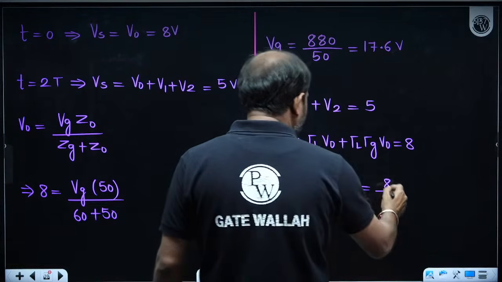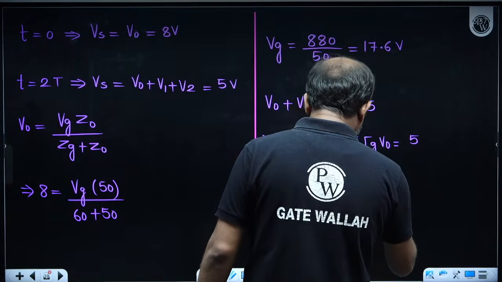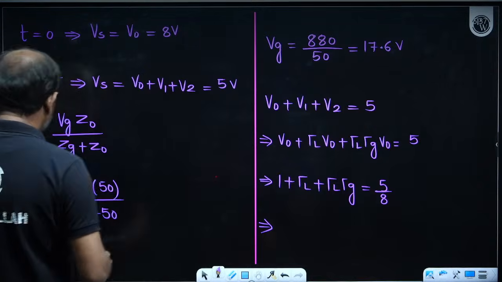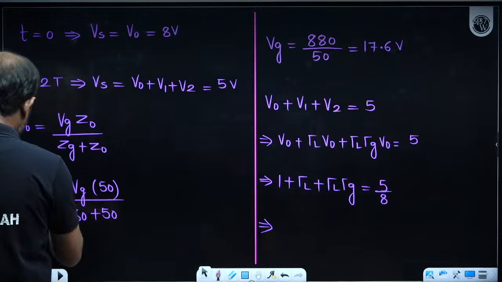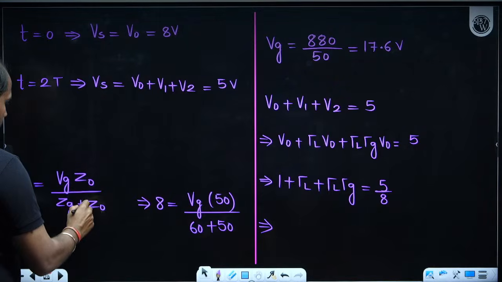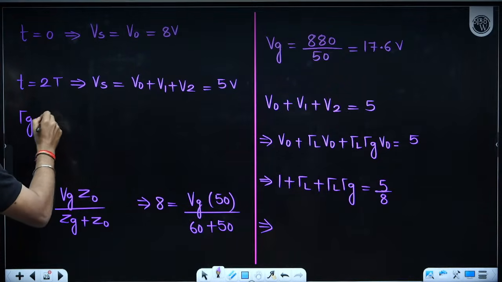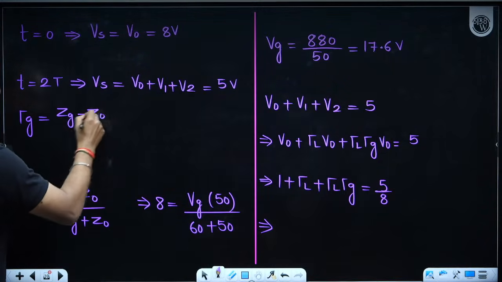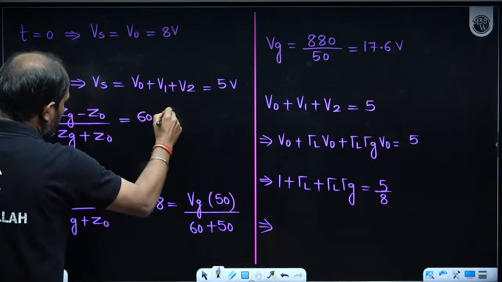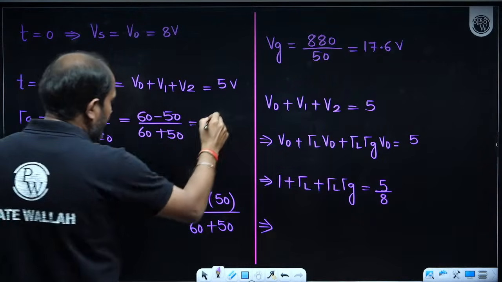Gamma G is equal to (ZG minus Z0) by (ZG plus Z0). ZG is 60, so 60 minus 50 over 60 plus 50 will be 10 by 110, which is 1 by 11.